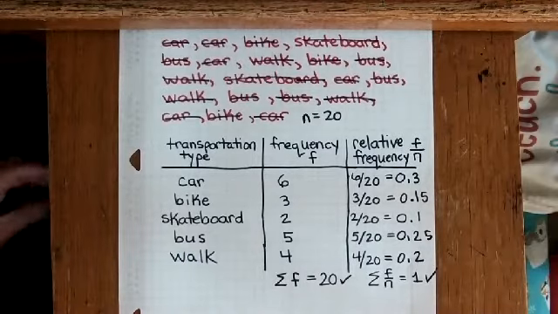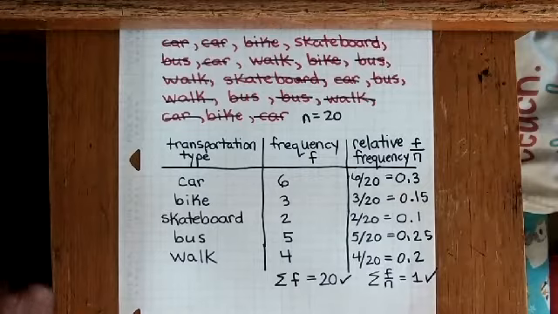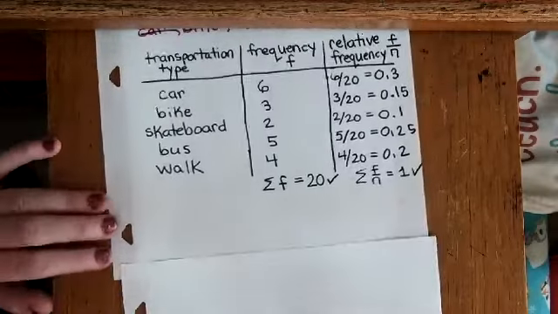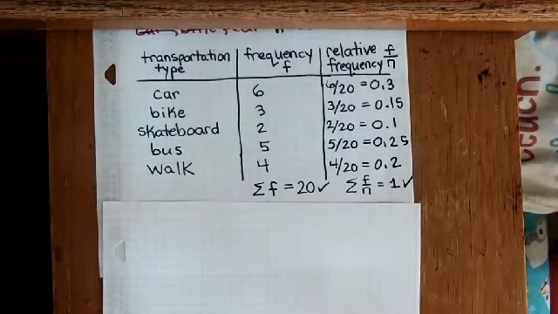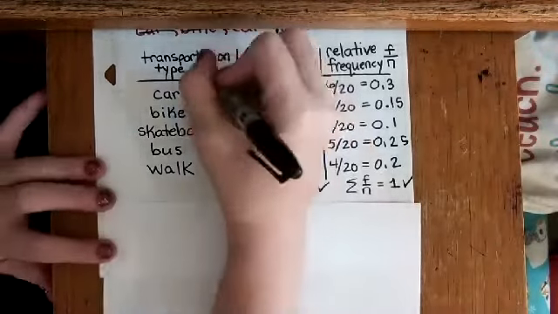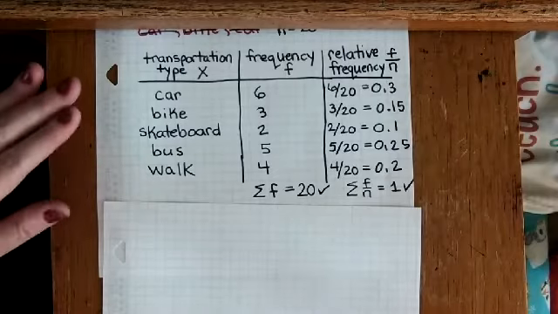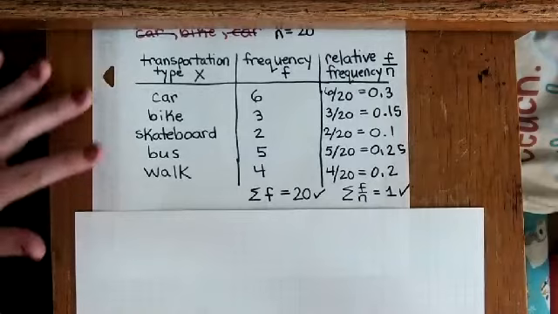Now the final step would be to represent this information in a bar graph. So our bar graph will put the type of transportation on the x-axis, and we'll put the frequency on the y-axis.